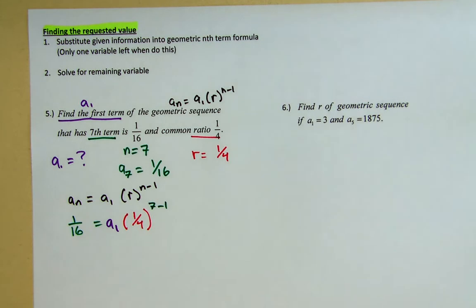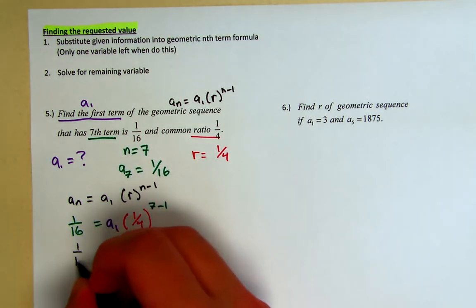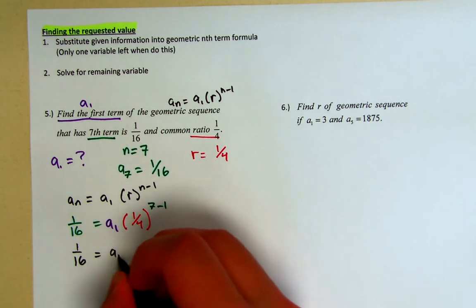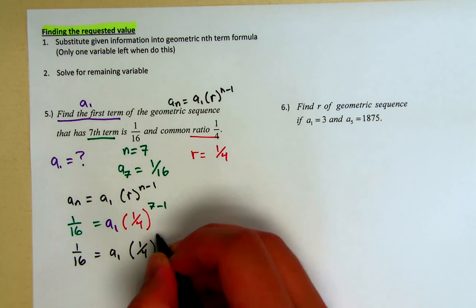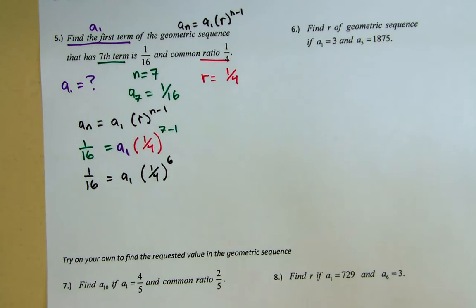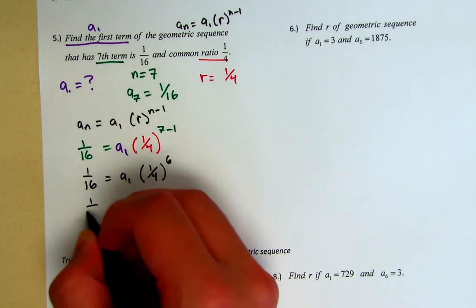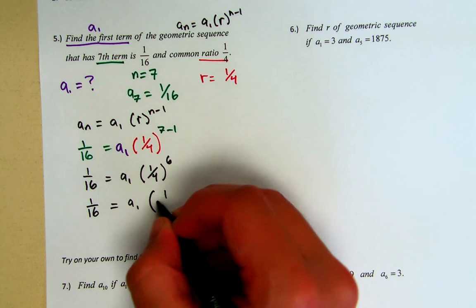So now let's simplify it. 1/16 equals a1 times 1/4 to the 6th power. What does that equal? Put it in your calculator. Figure it out. 1/16 equals a1 times 1 over 4096.